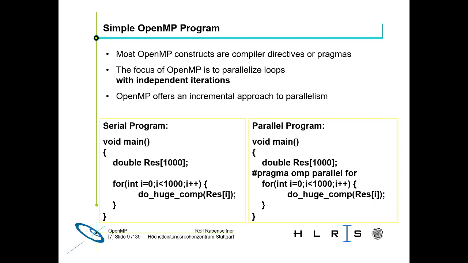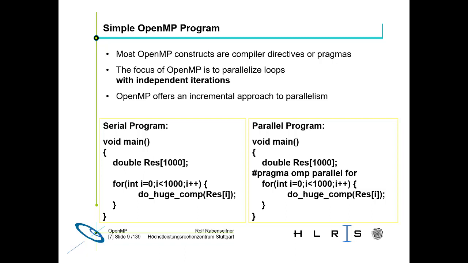So on the left, you see a serial program that declares an array of 1000 elements. It runs over the indices of that array and does some huge computation on each of the elements. And note that those computations are independent, because in the call to do huge computation, only a single element of our res array is used at a time.